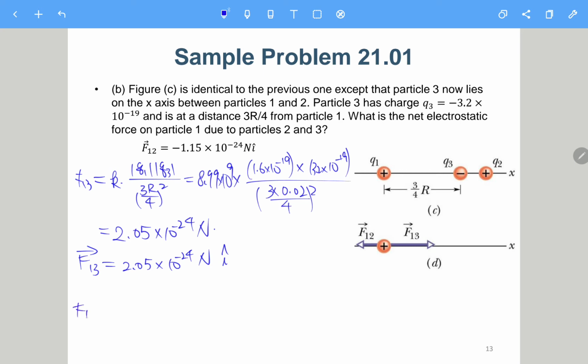So F1 net should be F12 plus F13. So it should be negative 1.15 times 10 to minus 24 Newton i plus 2.05 times 10 to minus 24 Newton i.